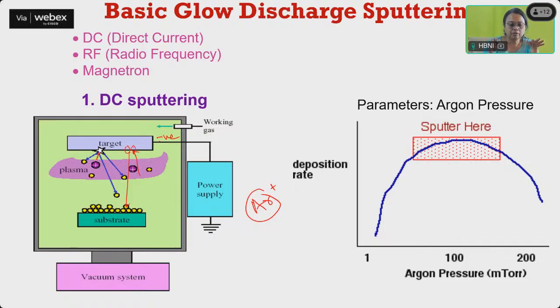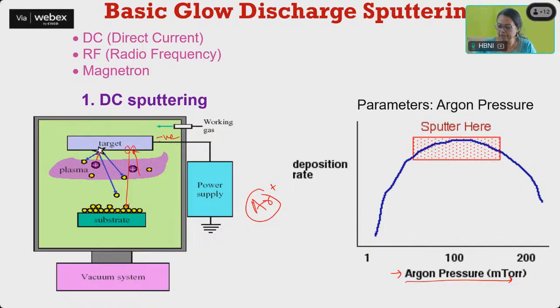So this is very basic. This is a DC sputtering system. Now this plasma depends on the argon pressure inside the chamber. So what is the argon pressure?